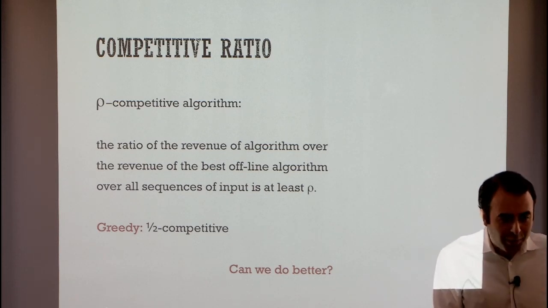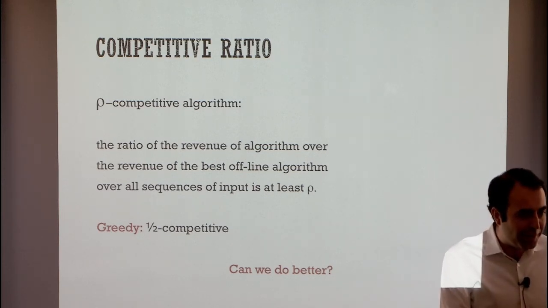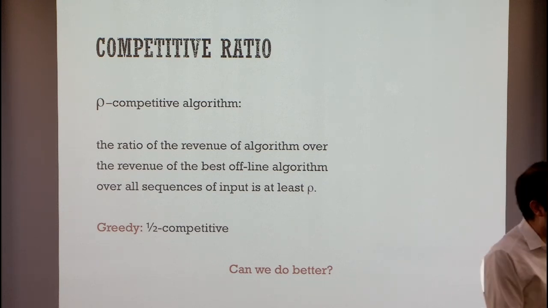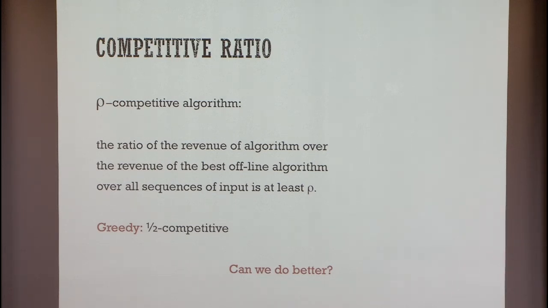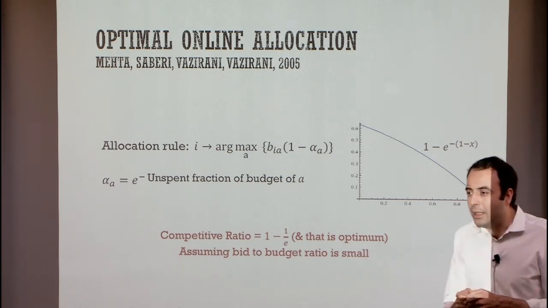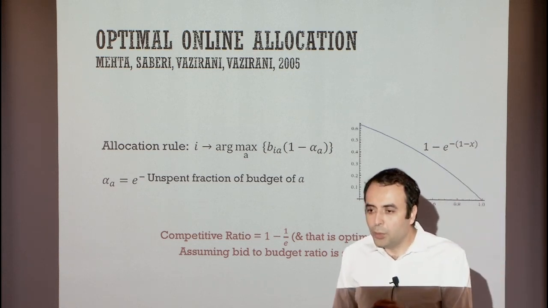So the question that we faced, and this is around 10 years ago, is: can we do better? Is a factor half the best possible ratio? And it turns out that you can do better. You can come up with a little more clever allocation rule that penalizes the bidders that are spending their budget too quickly.